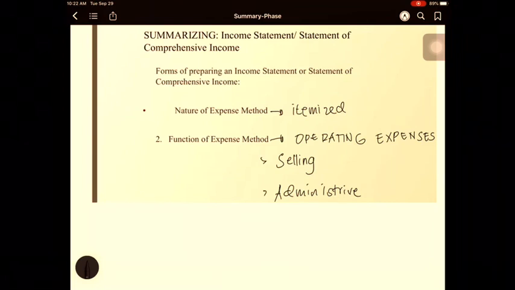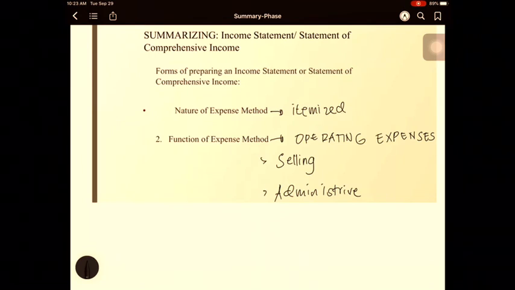All right, because a service type of business is not really engaged in the selling of goods, so there are no expenses that may be said to be related to the selling activity of the business, because what a service type of business is doing is rendering a service.